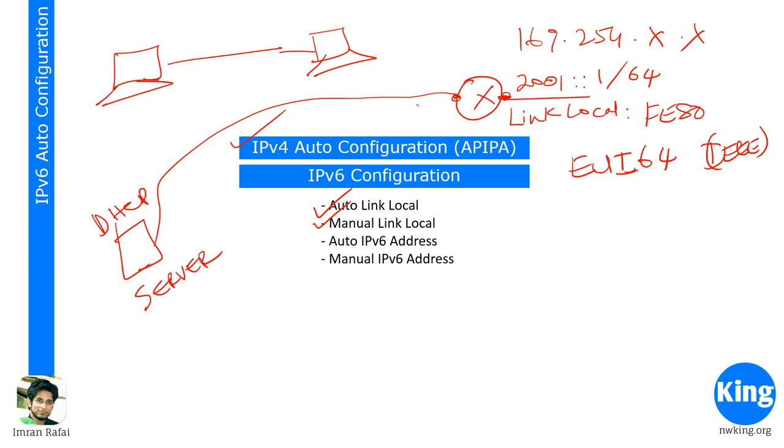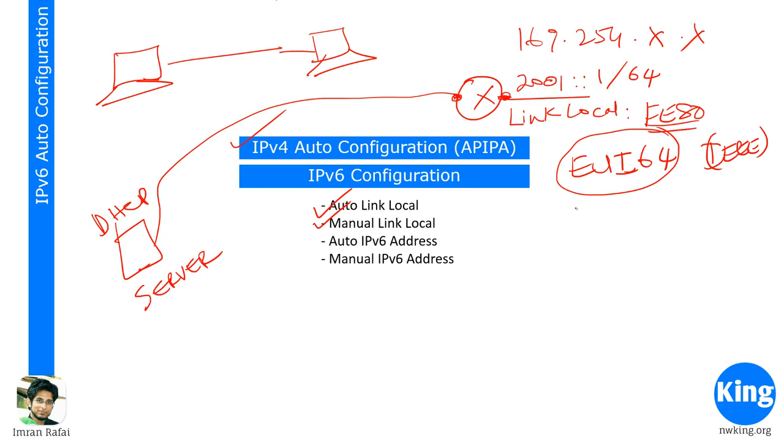Another way, let's say you don't have a DHCP server, but you also don't want to type an address to this interface, you just want it to automatically generate. We can make use of this EUI64. That means anything that is not FE80 can be an IP address.